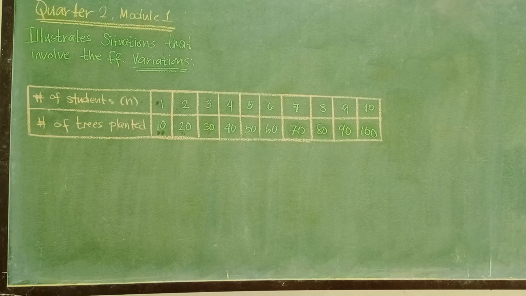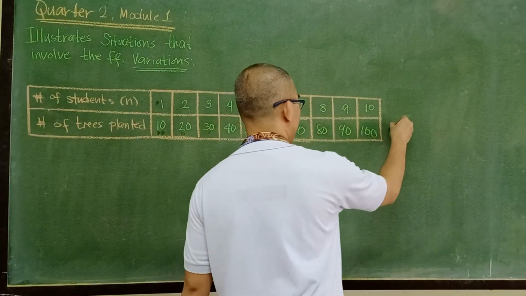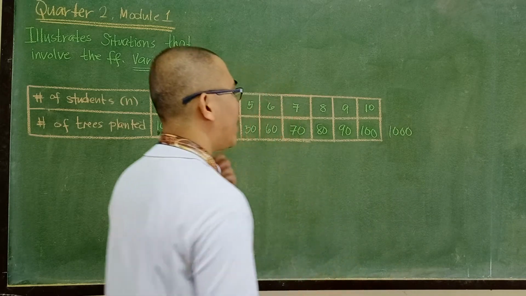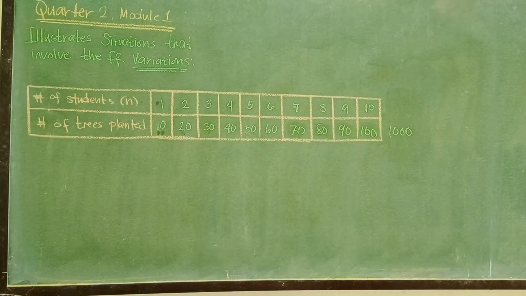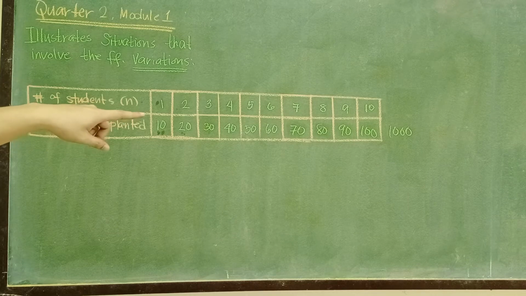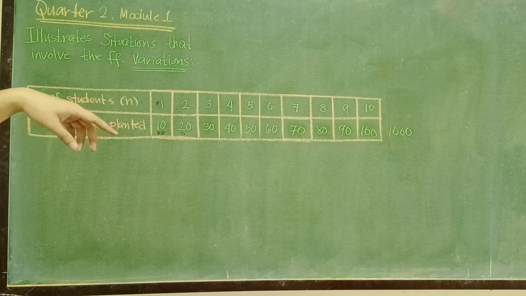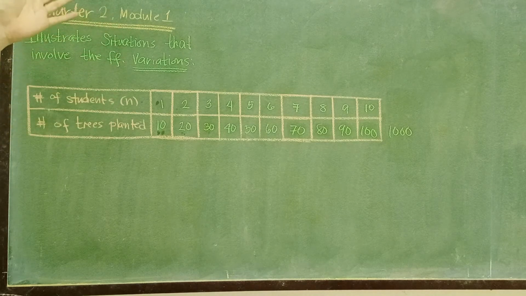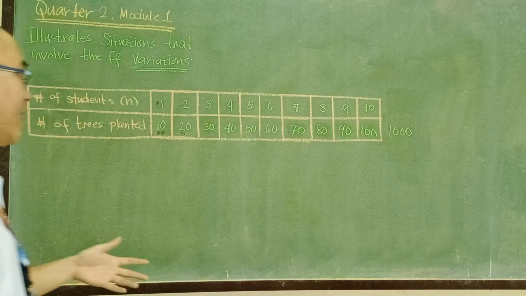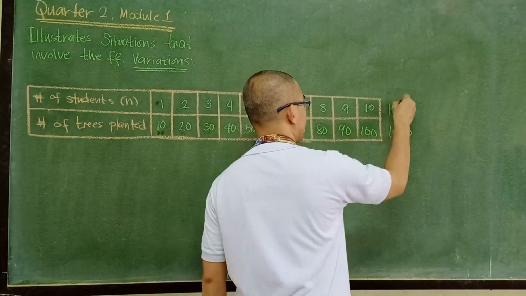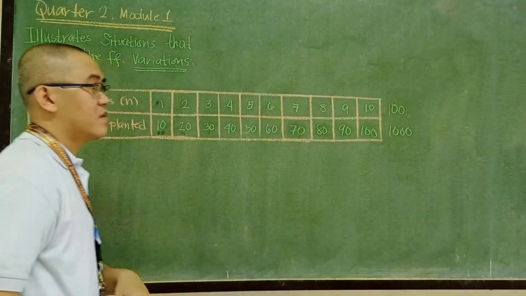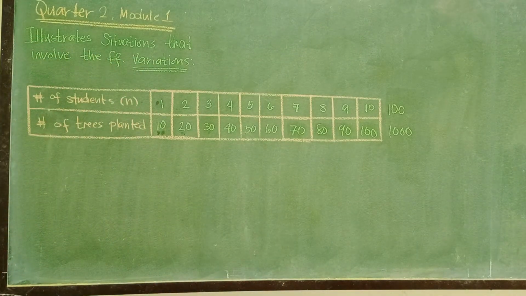Now, kailangan mo magtanim ng 1,000 trees. Ilan kaya kailangan ng estudyante para dyan? So since minumultiply mo by 10 para makuha mo yung number of students para mapunuhan yung 1,000 trees, ang kailangan mo dyan is 100 students since 10 times 100 is 1,000.